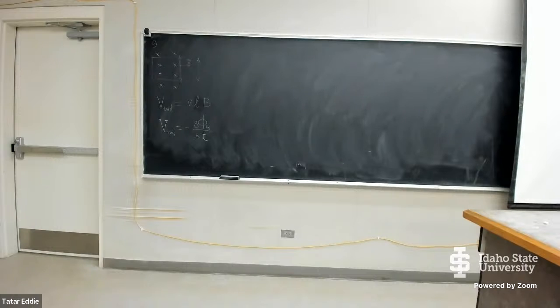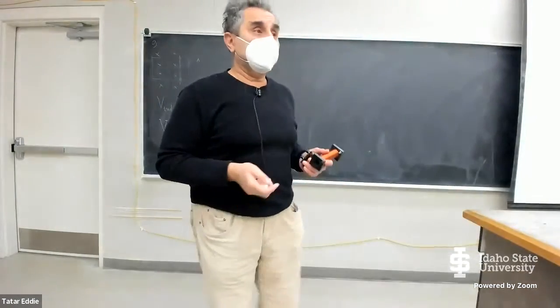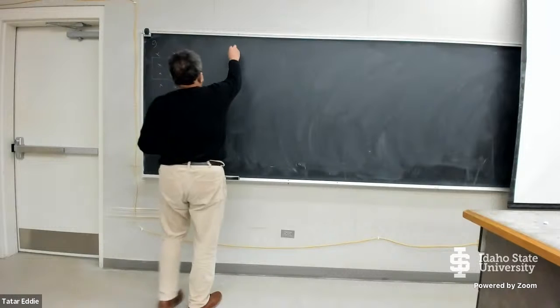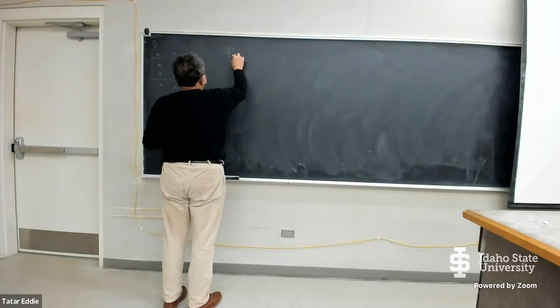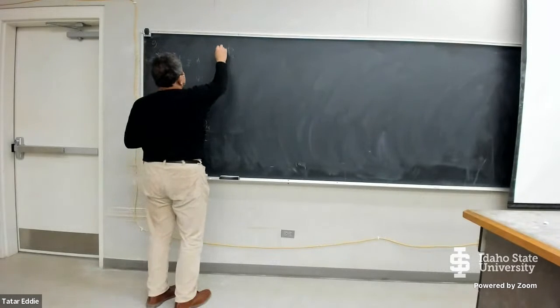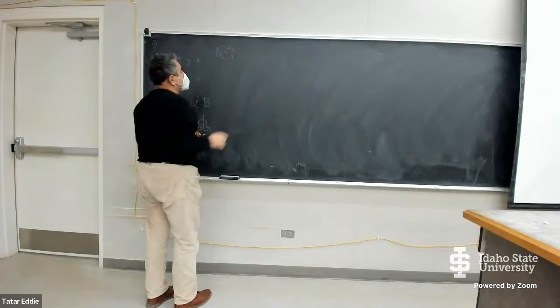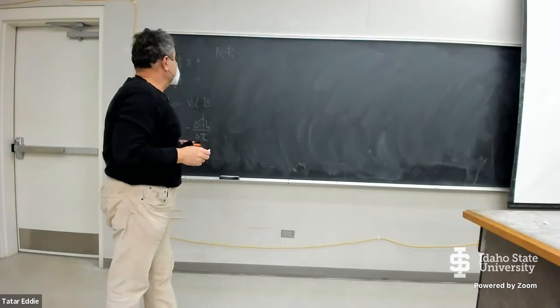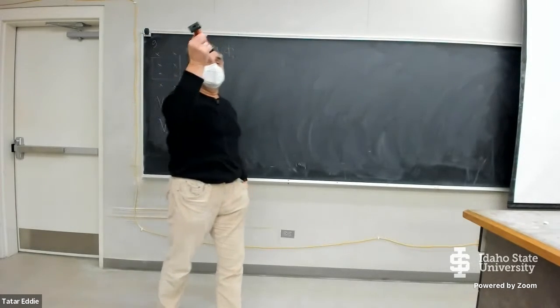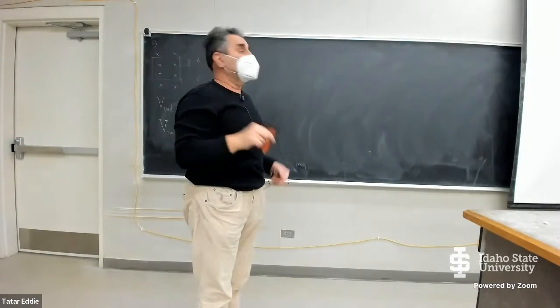And if the secondary coil is a closed circuit, in that case, you are going to see an induced current. So the total magnetic flux in the secondary coil is the magnetic flux through one loop of the secondary coil multiplied by the number of turns in the secondary coil.